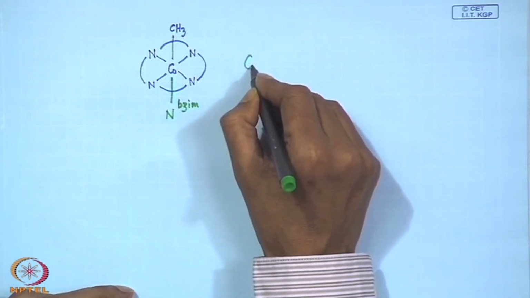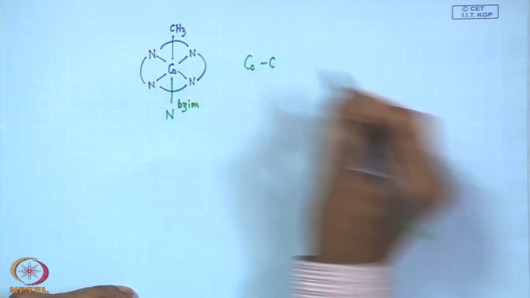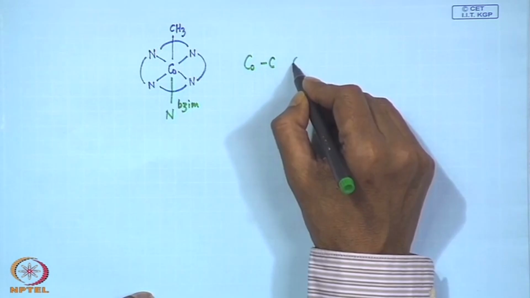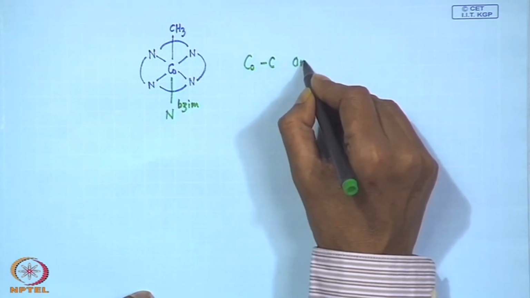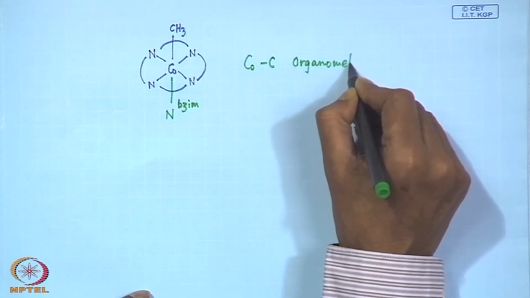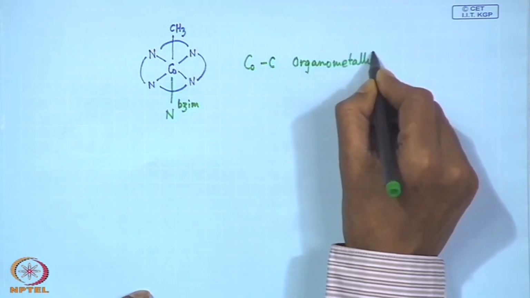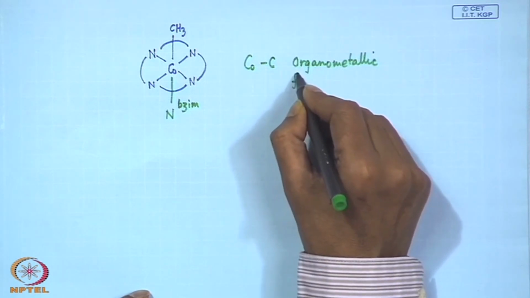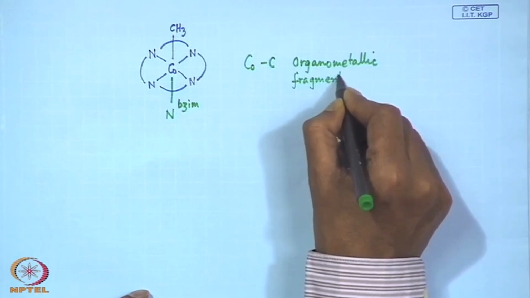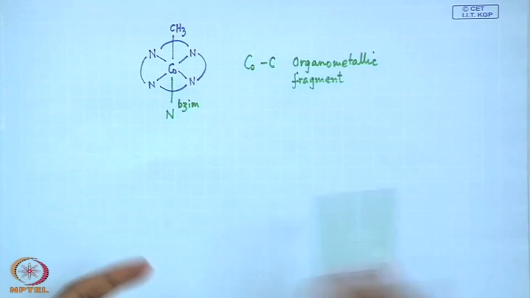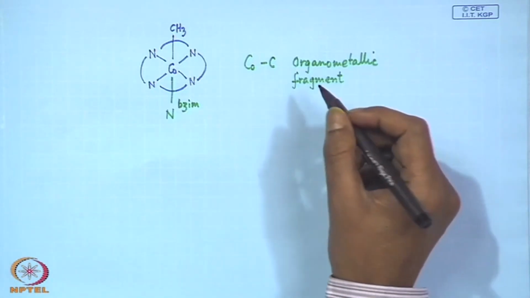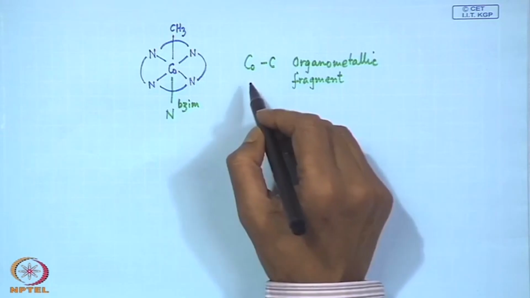So, what we get here is basically a cobalt-carbon bond, and a metal-carbon bond, we all know, is an organometallic fragment.